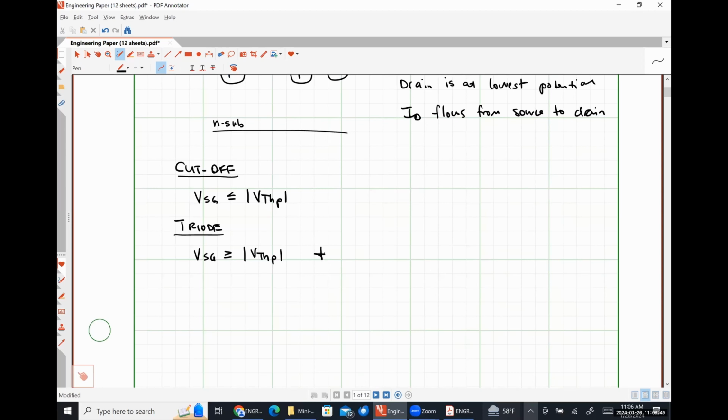And we need our source drain voltage to be less than VSG minus the absolute value of VTHP.